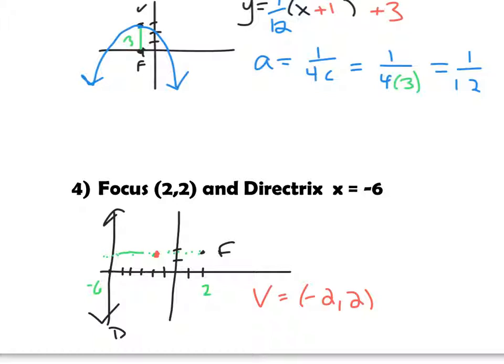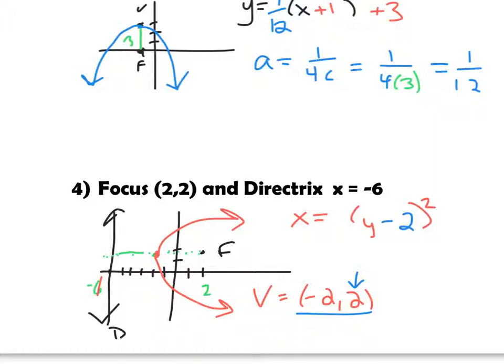And I have to decide which way it opens. Well, it's never going to cross my directrix, and it hugs the focus. So this one is going to open to the right. So it's going to be x = something y squared. Now be really, really careful, because since it's horizontal, that means what goes inside is my y value. So (y - 2) squared, and then at the end, minus 2.